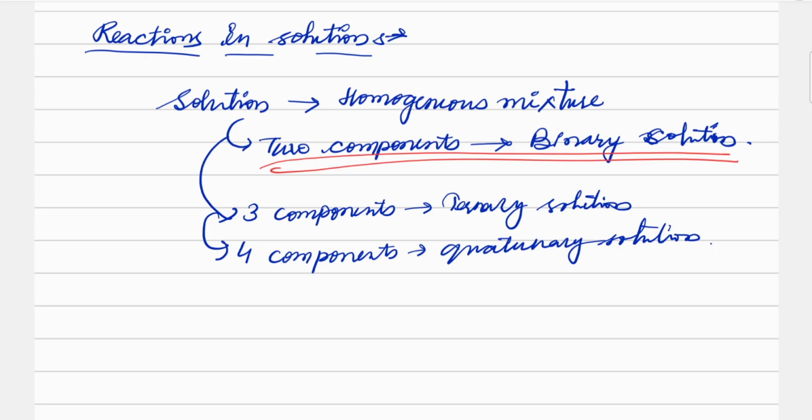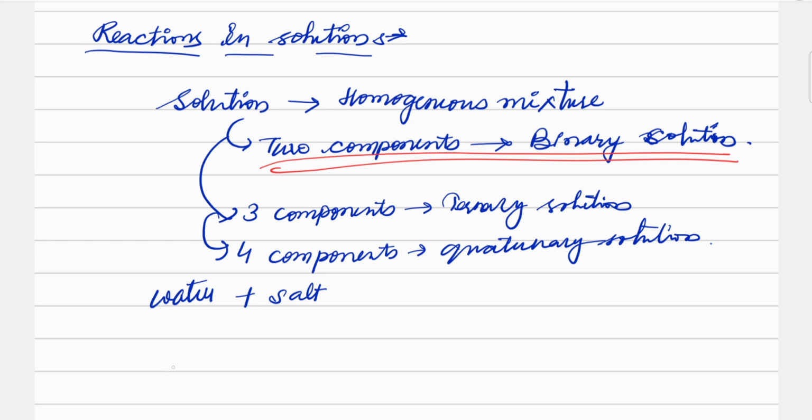Let's take a few examples for understanding what solutions are. A very simple example is that if you take water and add salt to it, what happens?